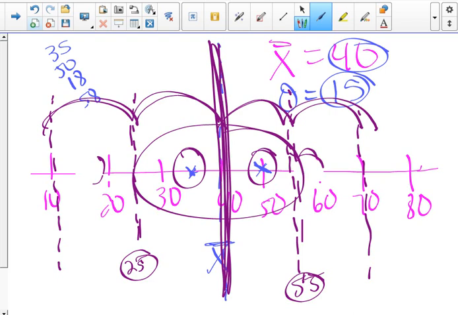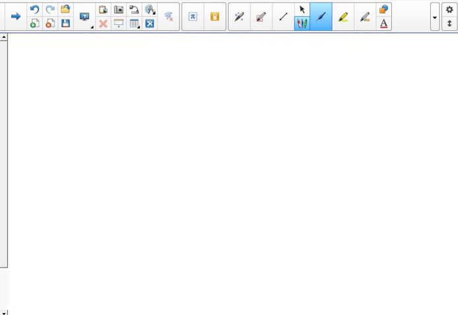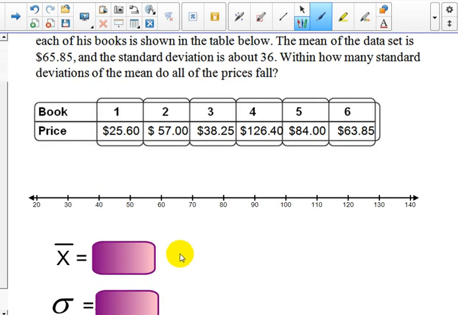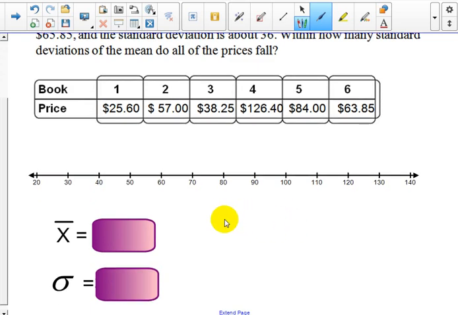So if you look at problem 7 in your workbook, it says determine the whole number of standard deviations that include all the following data values. So what you're going to do is plug these data items into your list 1 and get your x bar and your sigma. So let's do that.